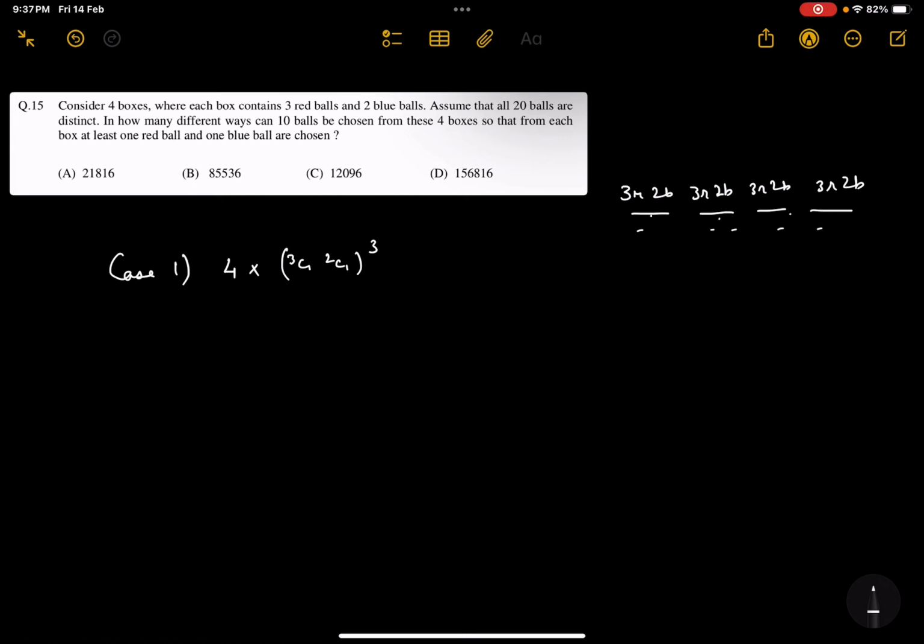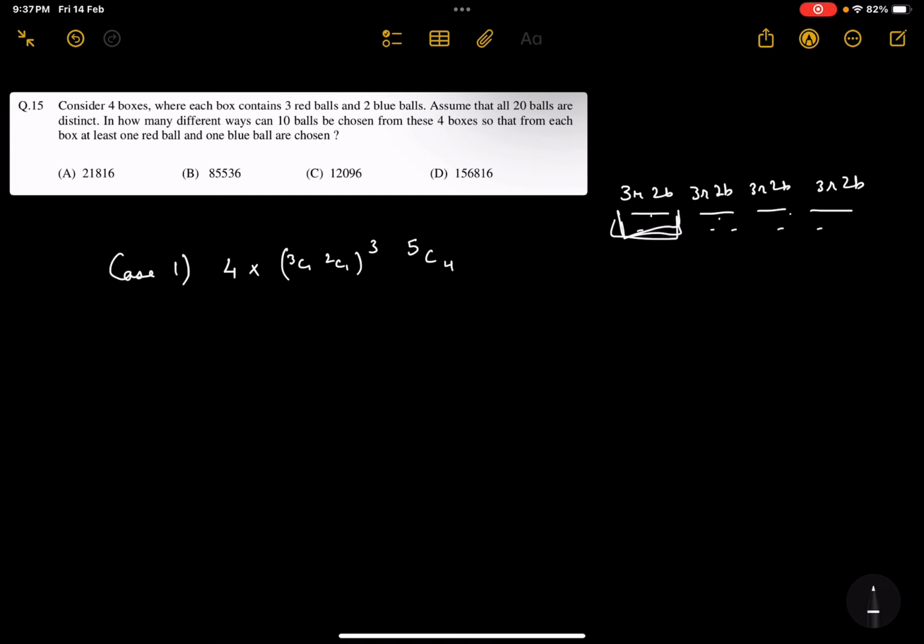And from the box which we chose we have to choose 4 balls. So that is 5C4. Because it won't matter how we choose, we'll always end up with 1 red and 1 blue ball from this.